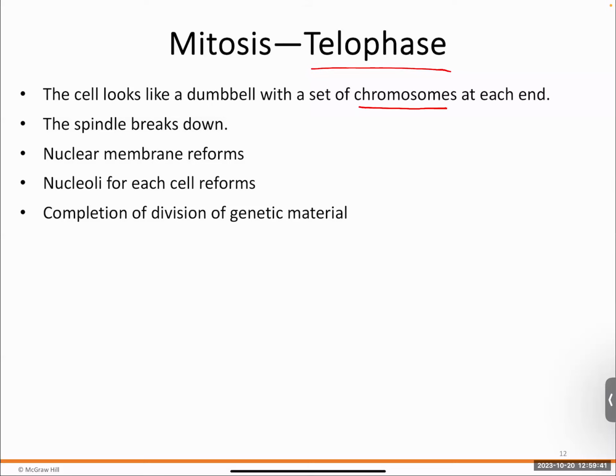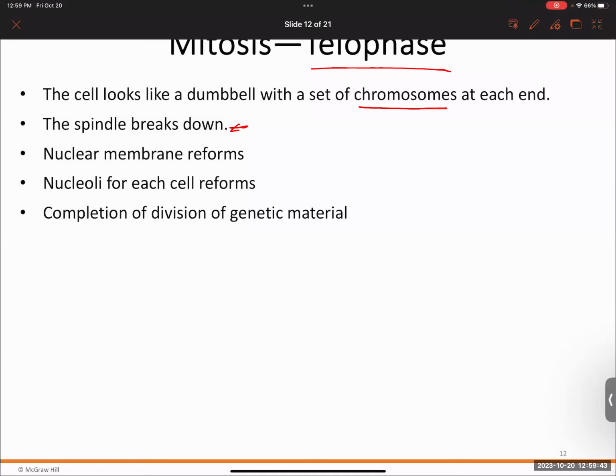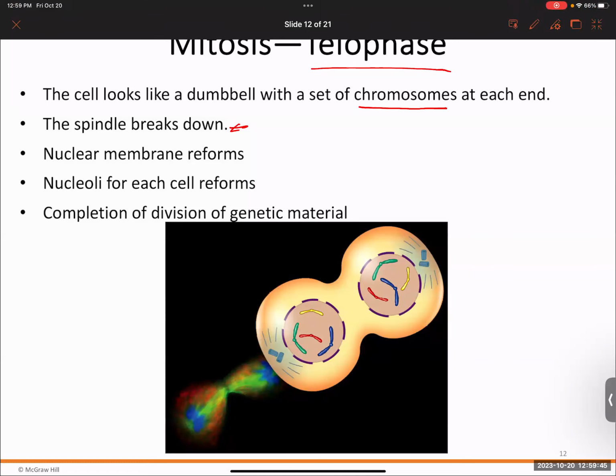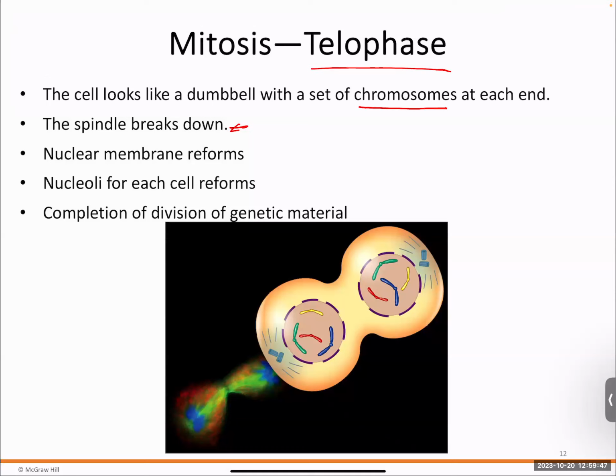Another thing that happens is the job of the spindles is also done. So I don't need those spindles anymore, and I can get rid of them. You notice that they're reverting back and getting broken down. Now, as the genetic information goes from chromosome to chromatin, remember, chromatin is fragile, which means that I need to start to protect it.